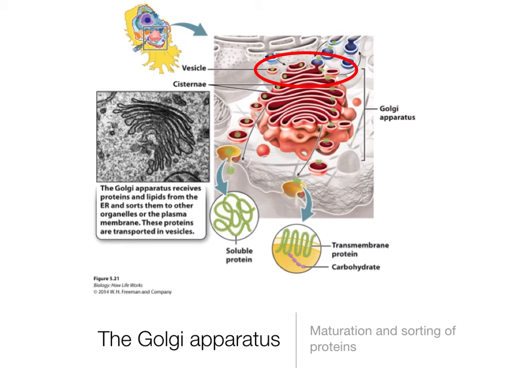So the main function of the Golgi apparatus, in other words, is to mature, sort, and address proteins that are firstly synthesized in the rough endoplasmic reticulum, but then completely finished, if you want, in the Golgi apparatus. When they reach the top part, they are usually ready to go.